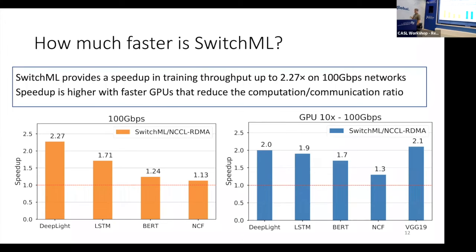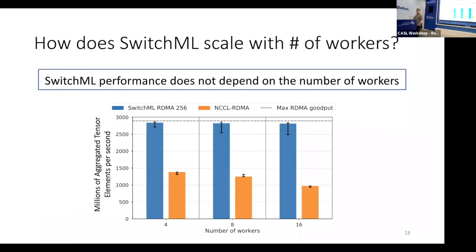The second nice property of this design of SwitchML as compared to something like Ring all-reduce is essentially that the scalability is much better, because performance ends up not depending on the number of workers. And so in this plot, I'm showing the throughput in terms of millions of gradient elements aggregated, where you can see that the SwitchML throughput is very, very close to the maximum RDMA throughput that would essentially be the bandwidth of your RDMA transfer, as opposed to NCCL, which suffers theoretically a 2x factor plus some overheads.